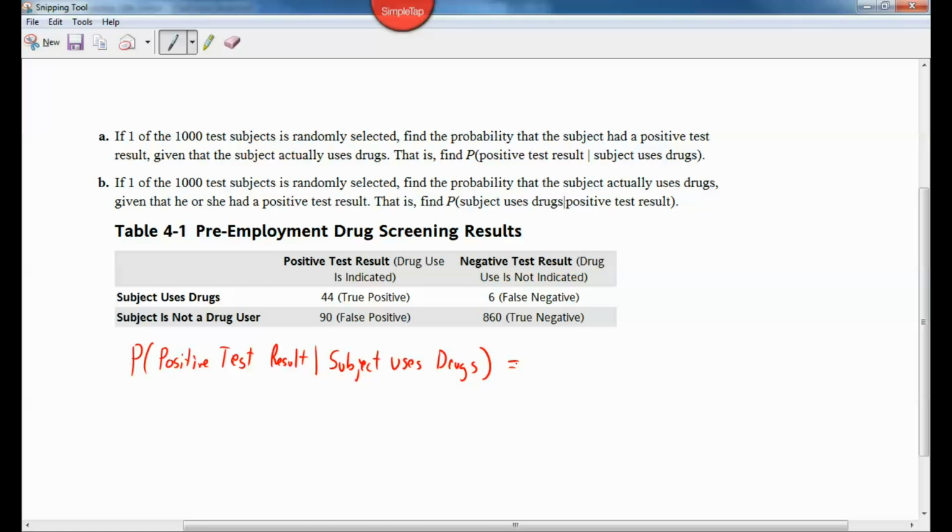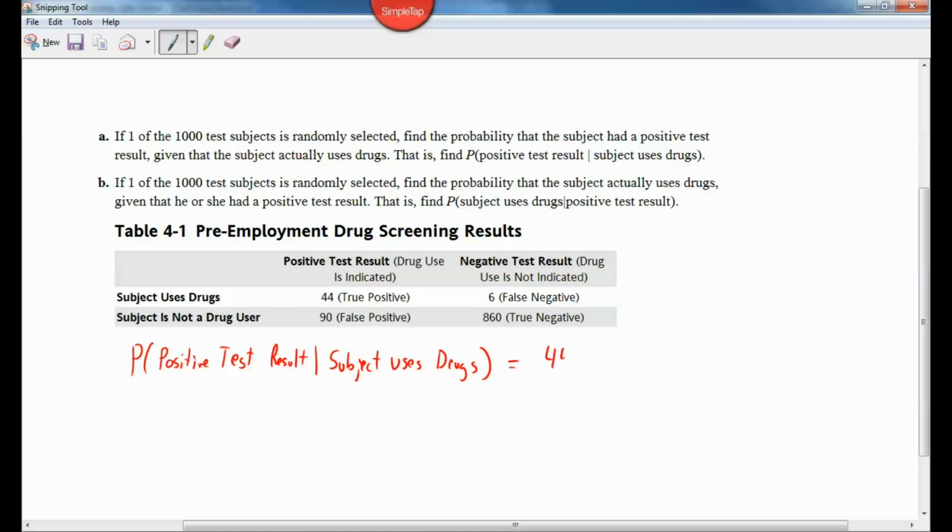Okay. So if we look at this table, positive test result here, right? Here's the positive test results. Given subject uses drugs. Here's subject uses drugs right here. This line. So where does that overlap? Right here at 44. There are 44 results that are positive test result and subject uses drugs.